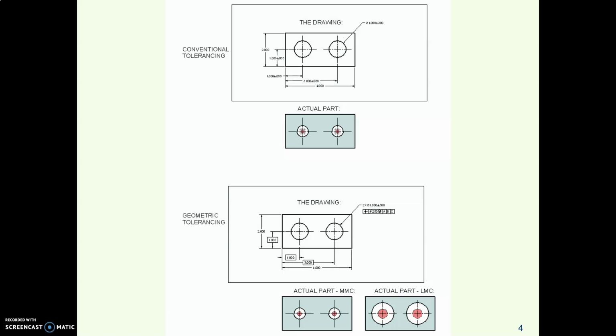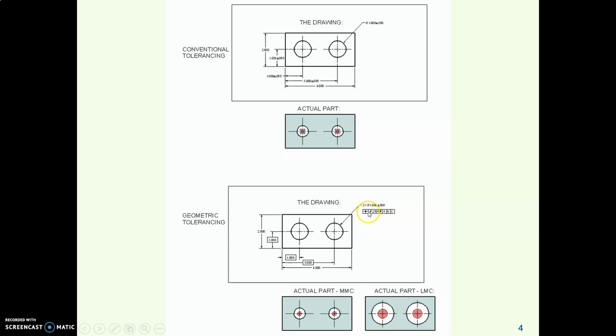Alright, so here's a drawing of a block with two holes, and it's got plus minus tolerances on it. Sorry, those numbers are small in this zoom scale. So plus minus tolerances. Here we made an actual part, and the tolerance zones are square tolerance zones because we use plus minus tolerances. At the bottom of this slide is the same part, but now we've used geometric tolerancing.